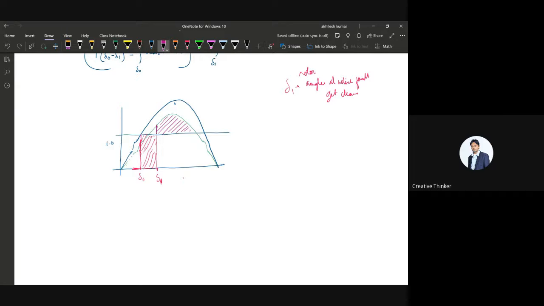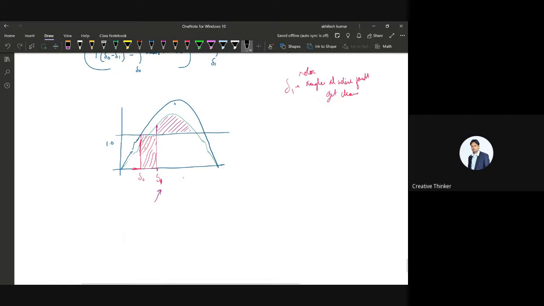In the previous question it was told that the fault is cleared in 3 cycles, so you will find delta 1 according to the 3 cycles.